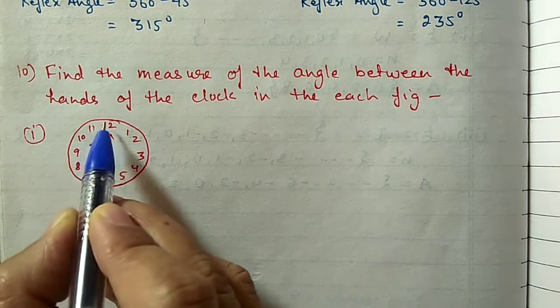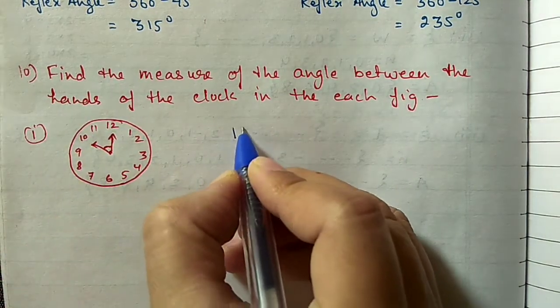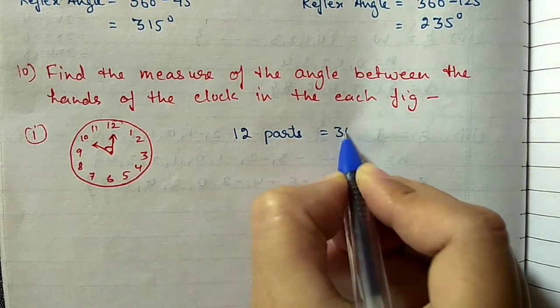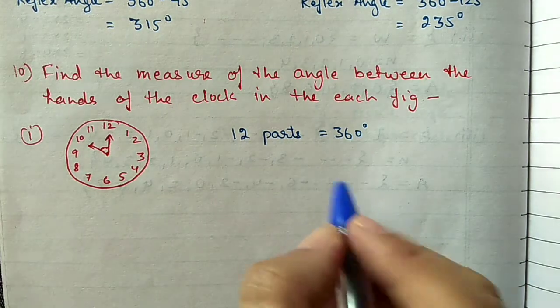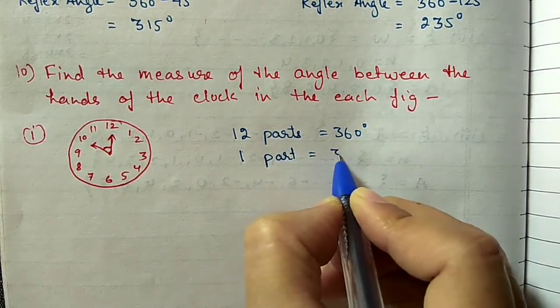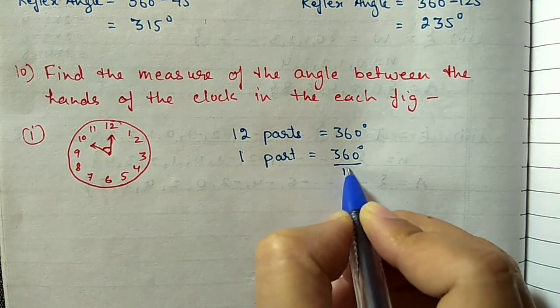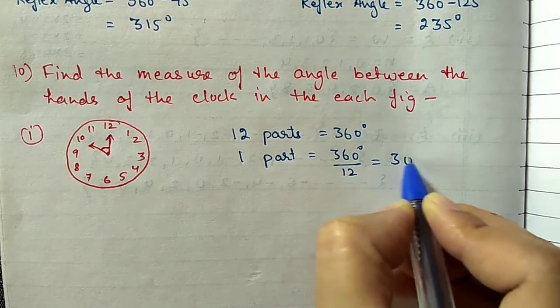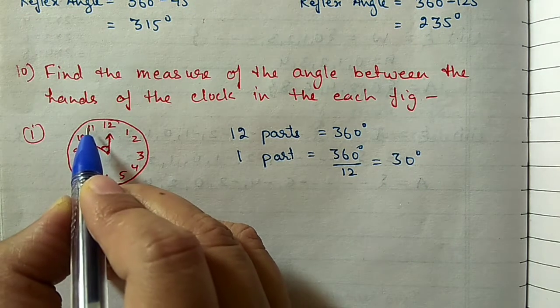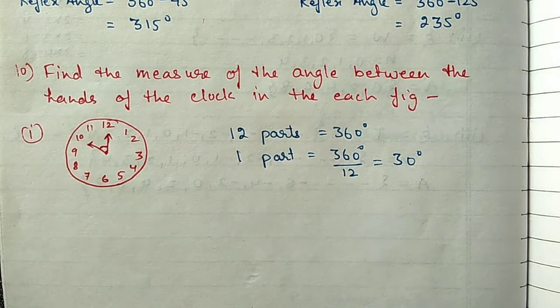So we can take 12 parts equal to 360 degree and we can find out the angle for one part. So one part will be equal to 360 by 12, which is 30 degree. It means if it moves one part, 10 to 11, then it is moving 30 degree angle.